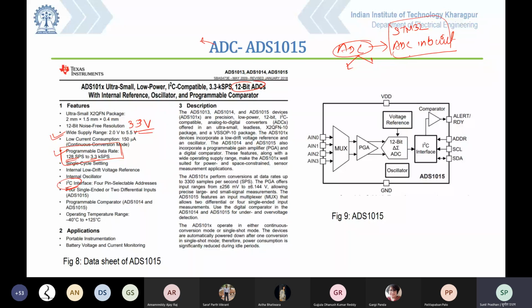But if I go with a Raspberry Pi board, then there is some issue with ADCs. Some of them have an I2C interface, and some of them have an SPI interface. Can anyone tell me which of these two interfaces has more speed?